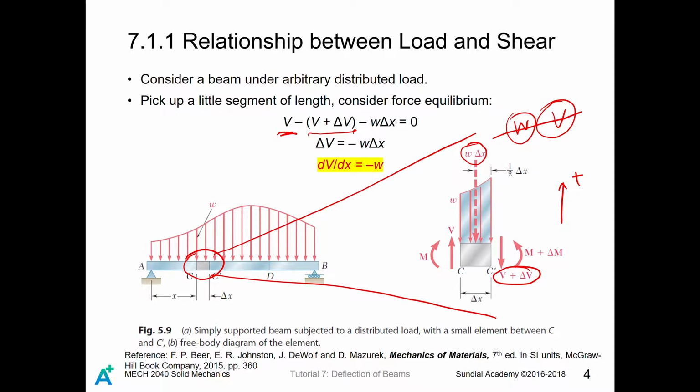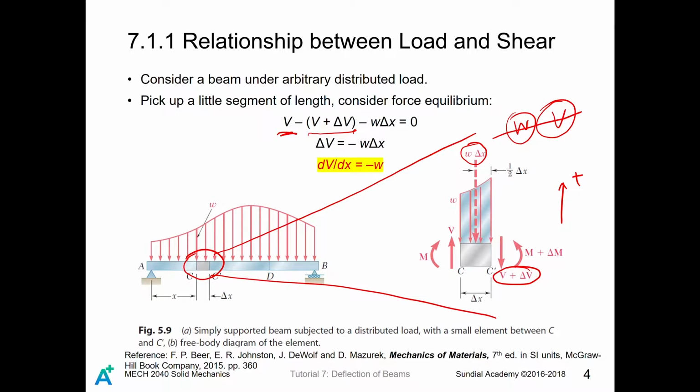So we assume W is an average value of load intensity, and over the short length of delta X, you can get the total load in terms of force units instead of load intensity units.